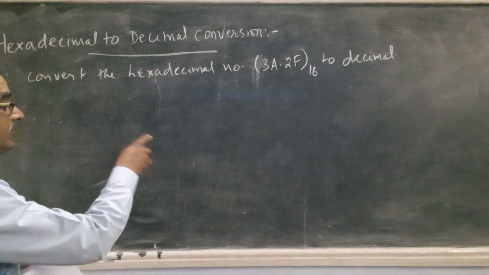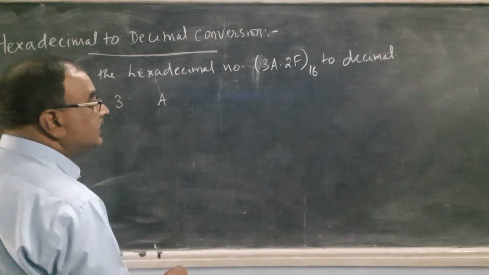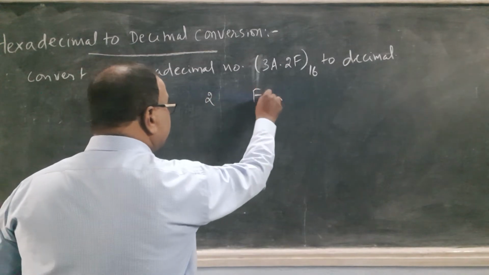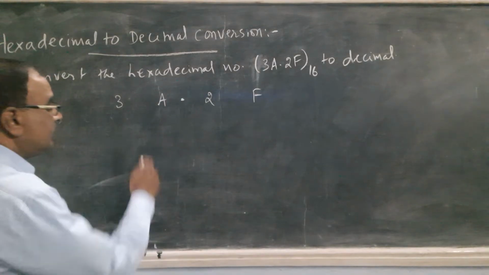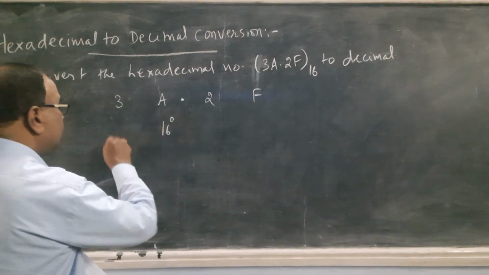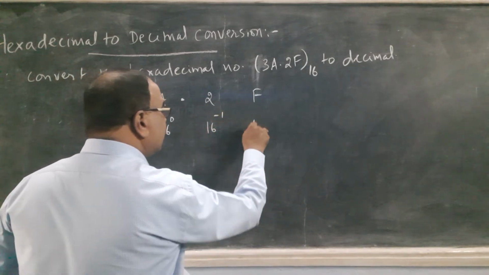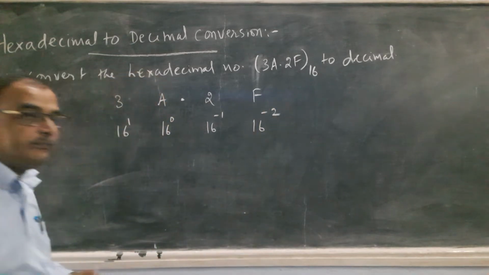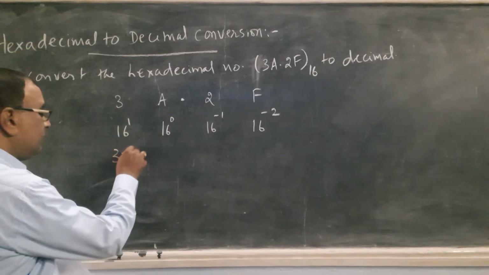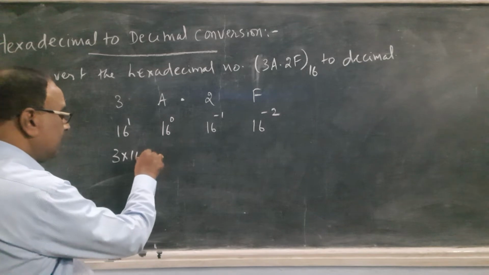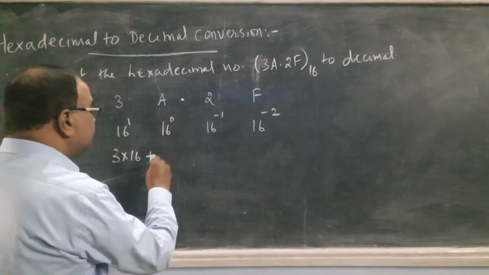Now, as I told you in the previous example, write 3A, then 2F, right? Now the decimal point is here. So this is 16 to the power 0 and this is 16 to the power 1. What about the fractional part? This is 16 to the power minus 1 and 16 to the power minus 2, right? So now take the sum.